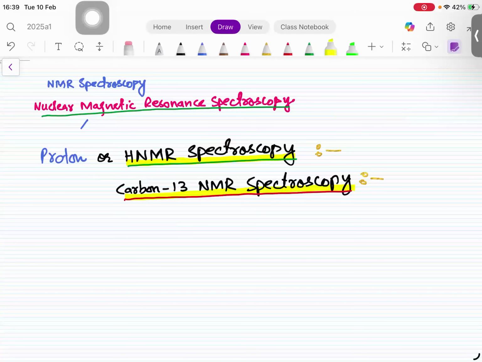From now on, for a week or so, we are going to see how these spectroscopies help us to look at the structure of the molecule, how they tell us what the structures of the molecules look like. Do you get it? For example, the first one is proton NMR spectroscopy.